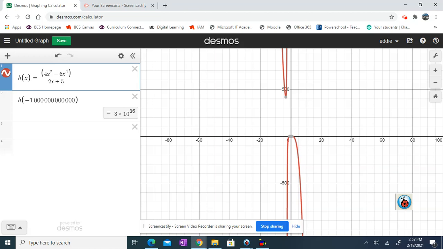So way up there is the other part of the graph. And I wouldn't have known that had I just looked at the piece that showed up. So be very, very careful. Use this method here. Just put in a very big positive number and then a very, very big negative number to see what the graph is doing. Don't just trust the picture that shows up on Desmos.